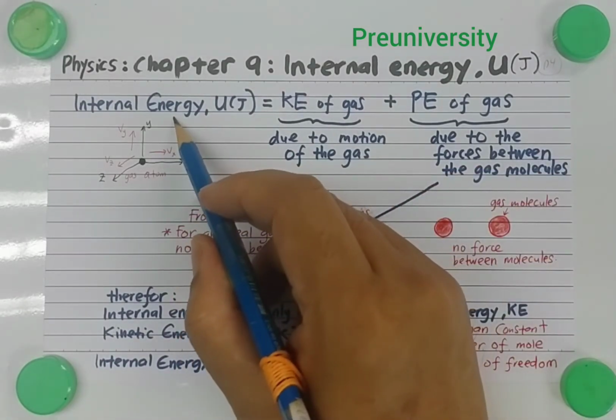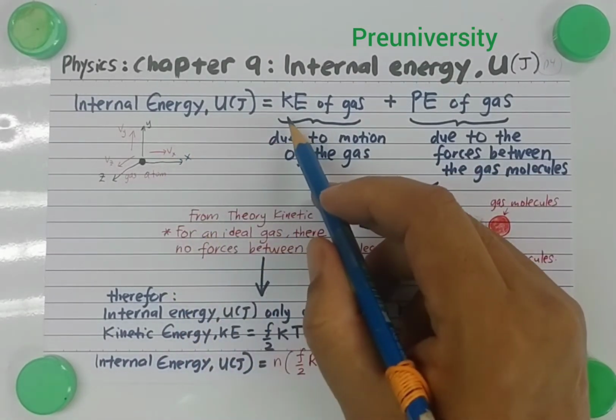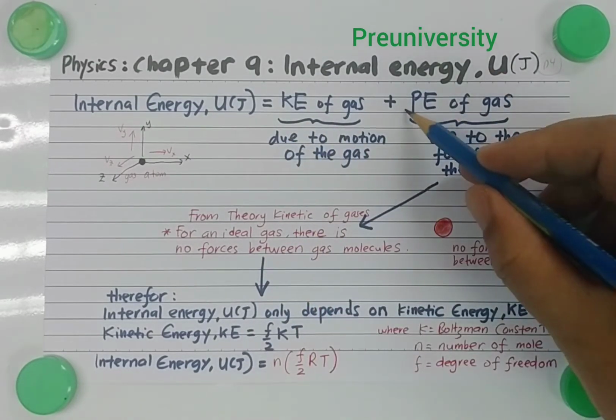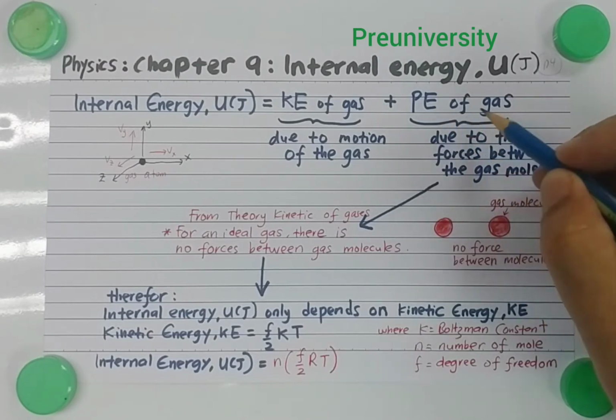The internal energy is the total of the kinetic energy of the gas plus the potential energy of the gas.